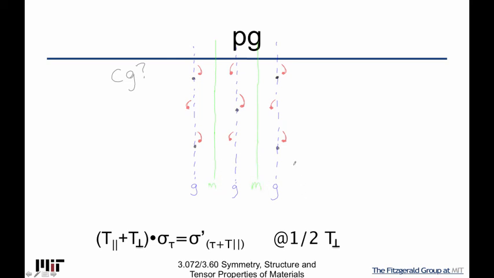You can see that here, etc. Right? So what we've just done is by adding G's, we end up with M's. So this is starting to look like a real crystal structure.